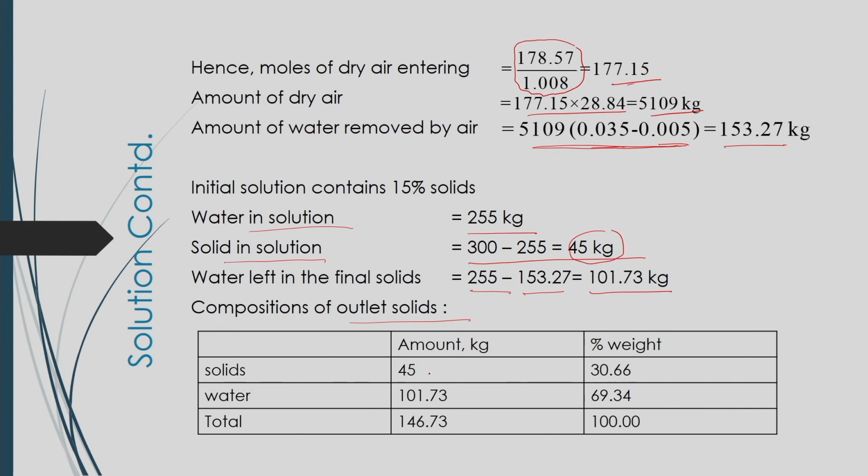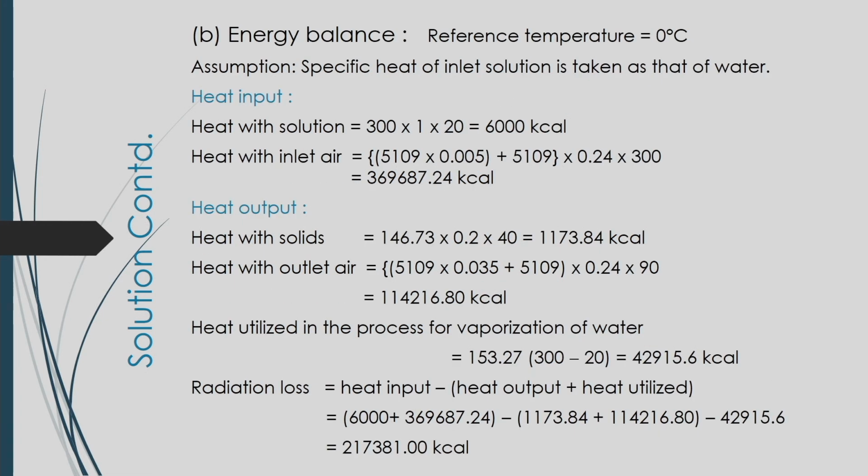Solids is 45 kg, weight percent 30.66; water is 101.73 kg, weight percent 69.34; total is 146.73 kg, and weight percent is 100%. Accordingly, you can calculate the mole fractions also.